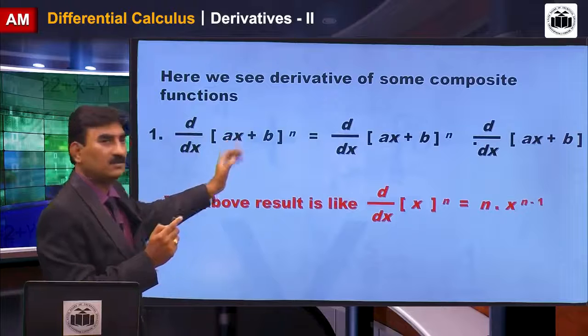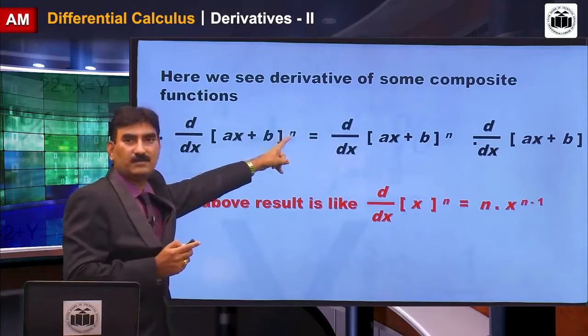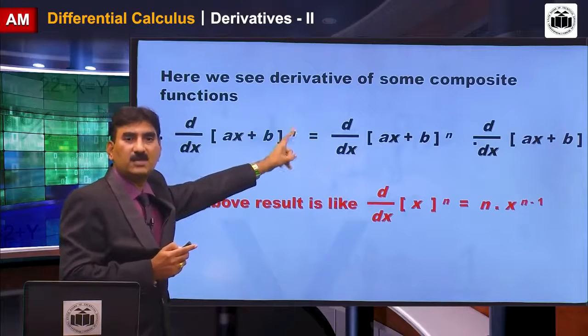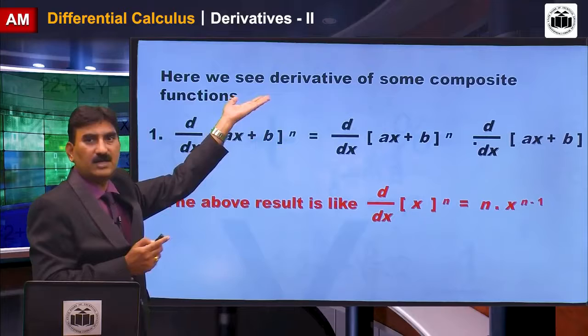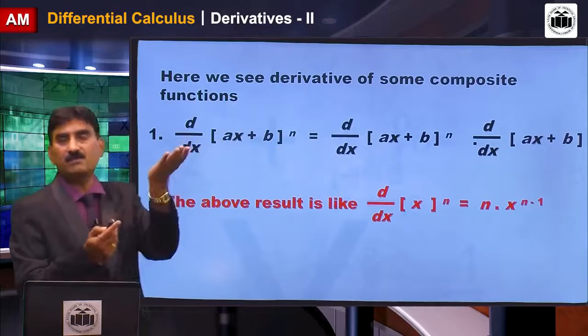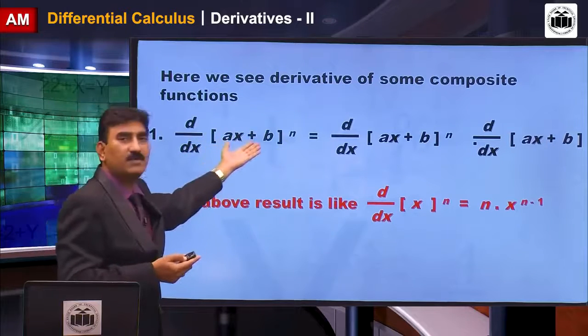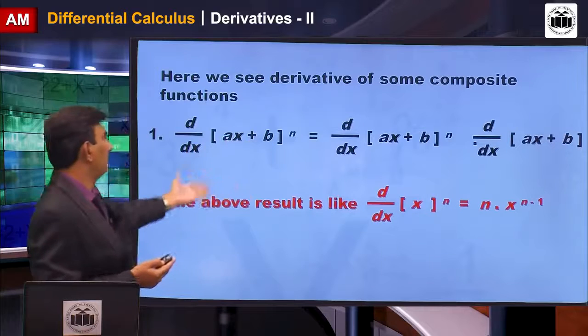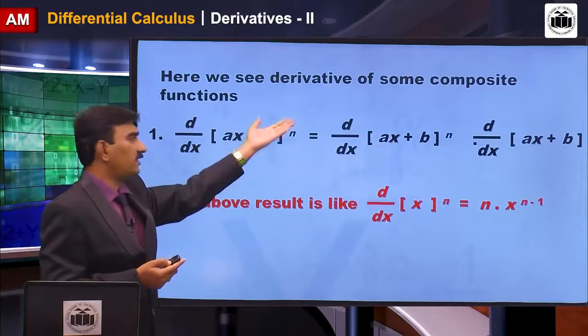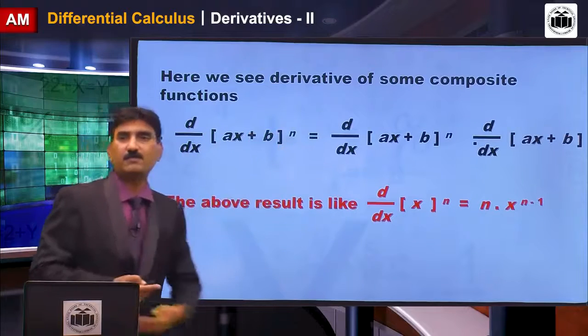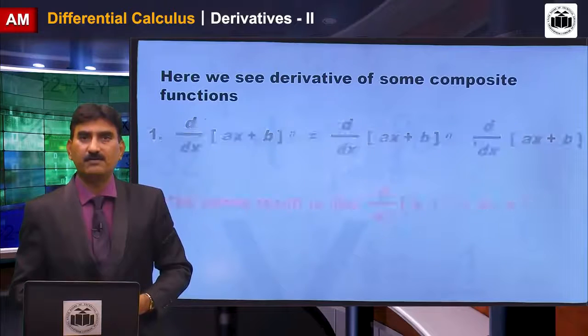This is the index n. We take the derivative of x raised to n first, and after that you take the derivative of ax plus b. So d by dx of ax plus b raised to n, into again the derivative of ax plus b.